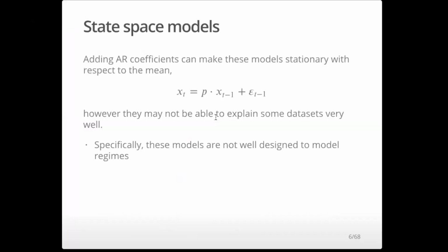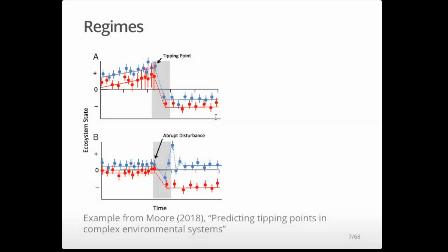Right. So we can make these models more complicated, and I think Eli and Mark have talked about this. We can do things like include autoregressive coefficients or moving average processes, which might let these models be more flexible. But one of the limitations of these kinds of models in general is that they can't handle discrete shifts or changes in regimes or states very well. There's been a lot of work on this in ecology over the last decade or two, and people talk about tipping points.